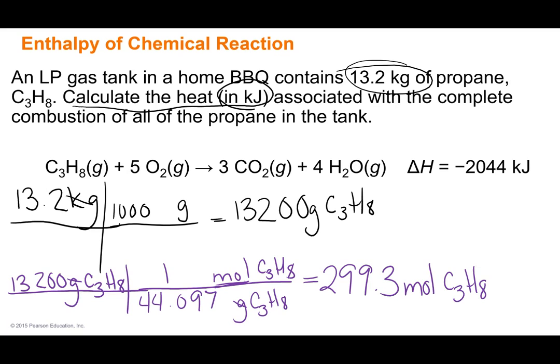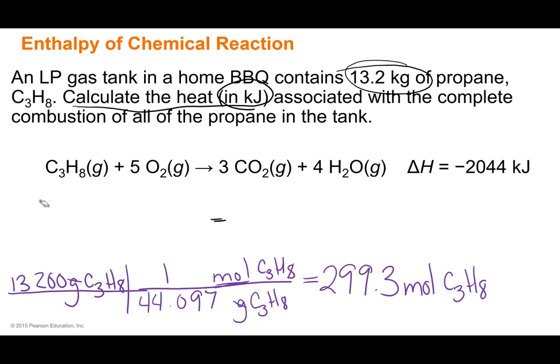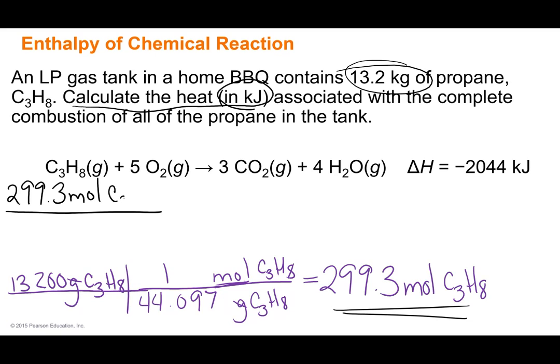This last step is going to be the only step that's a new step. So I'm going to come back up here and keep working on this slide. So I'm going to go back to black. I'm going to take my answer from that step and start a new problem. 299.3 moles. All righty. So dimensional analysis, let the units guide our problem.